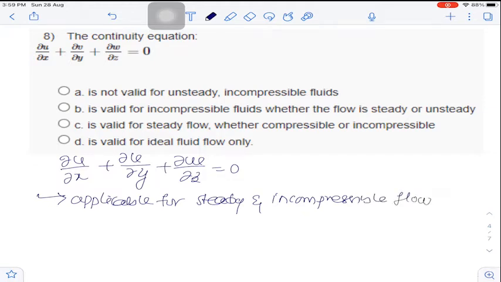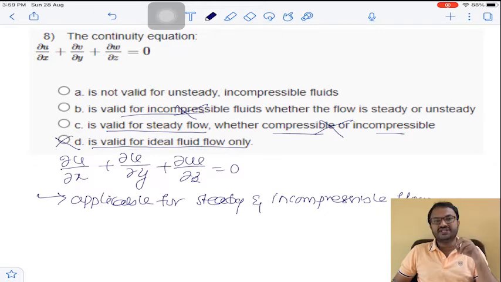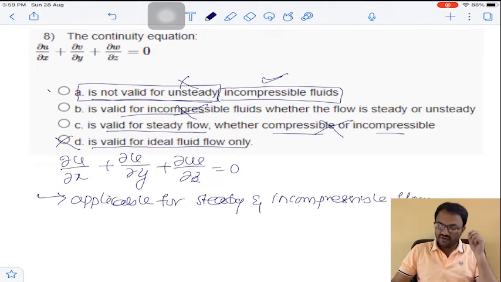So coming to options, the option saying valid only for fluid flow is wrong. Valid for steady, whether compressible or incompressible, is wrong. Valid for incompressible, it is wrong. We need to check all the options. So that is, it is not valid for unsteady flow, and incompressible fluids. So it is valid for incompressible flow, but it is not valid for unsteady flow. Answer A for question number 8.